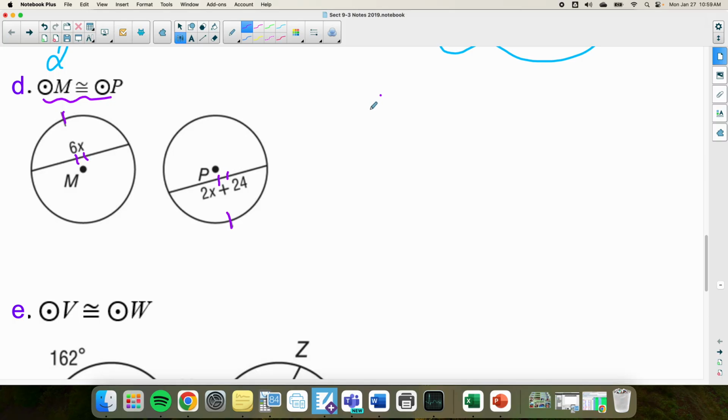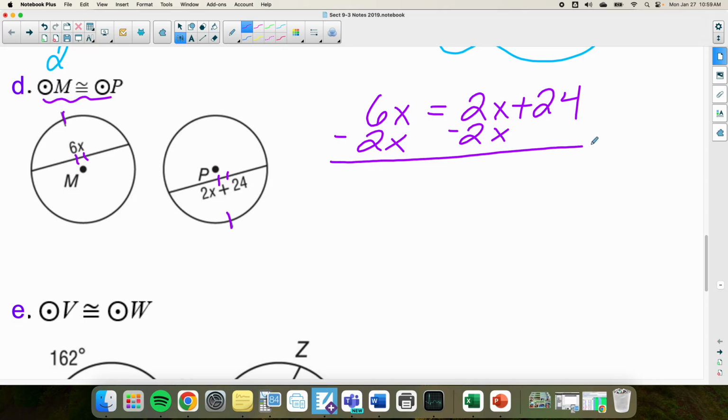So I could just say 6x equals 2x plus 24. And then I only have the 24 on the right, no number on the left, so that means I'm gonna bring my 2x over to the left. And then I would have 4x equals 24, divide by 4, and x is 6.